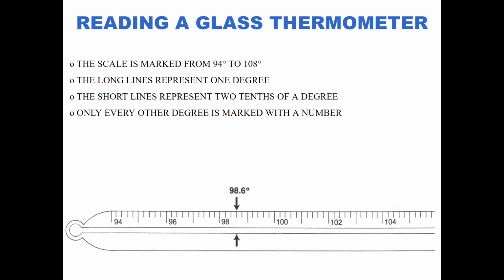If you have it under the tongue for 90 seconds to 2 minutes and the mercury has not moved, and you found this patient lying outside in the dead part of winter, chances are this patient is hypothermic. So we need to start warming measures on this patient. That can look like wrapping blankets around the patient.